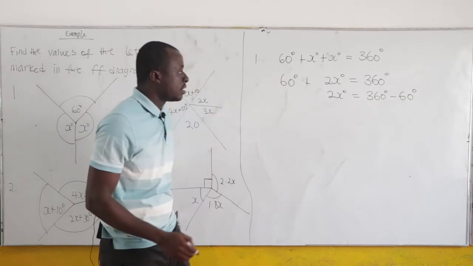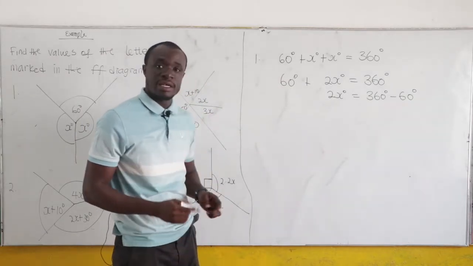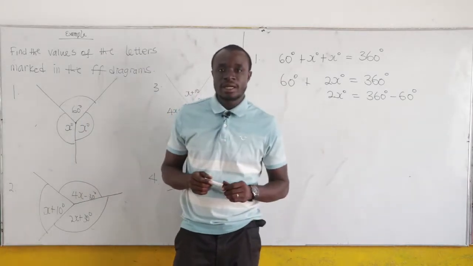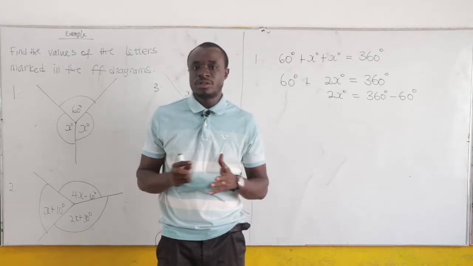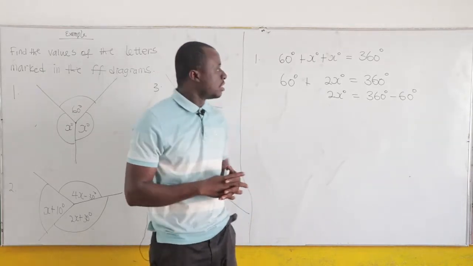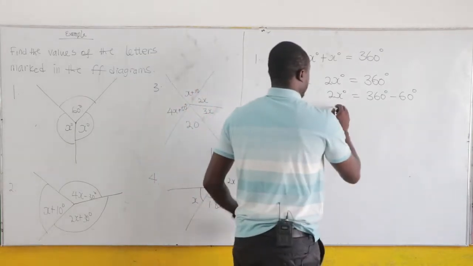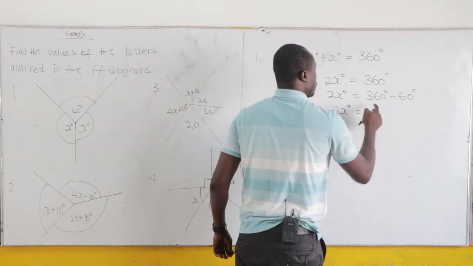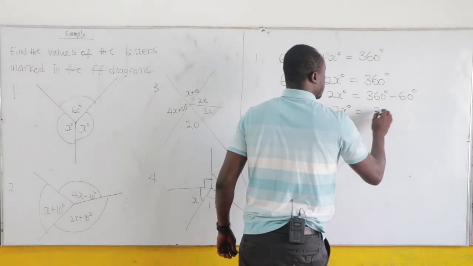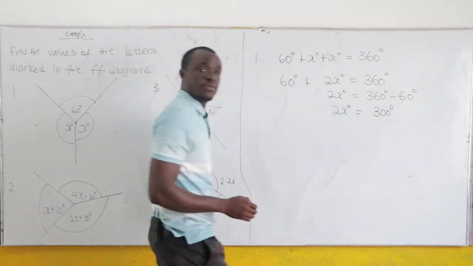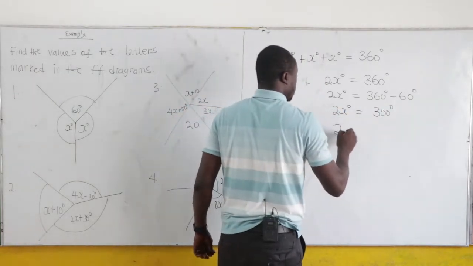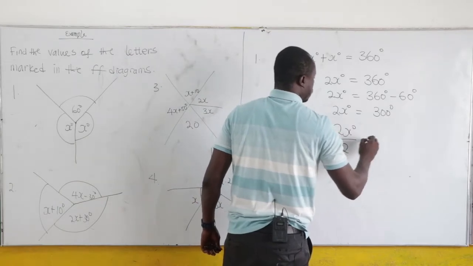We are grouping like terms. This is just a linear equation. If you've forgotten, kindly visit my page for more tutorials for a revision on linear equations. Now we have 2x degrees equal to 360 minus 60, that is 300 degrees. We want to find x, so we divide both sides by 2.